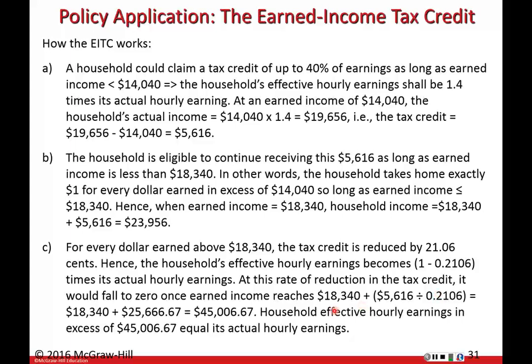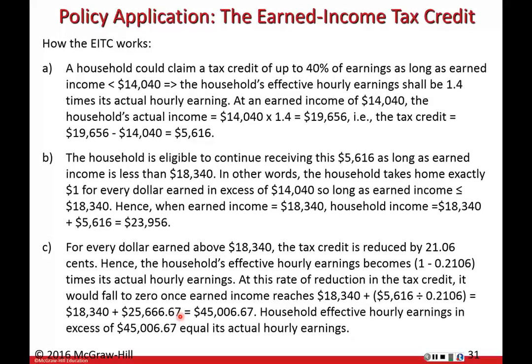And that gives us $25,666.67. In other words, as long as it earns up to that much in excess of 18,340, it would continue to receive some earned income tax credit. But once it earns an additional 25,666.67, additional meaning above the 18,340, the earned income tax credit becomes zero.